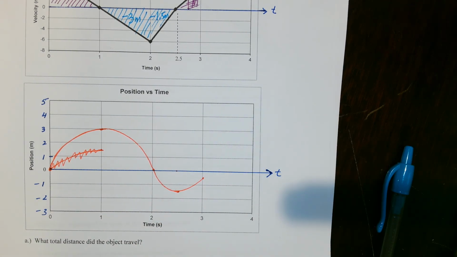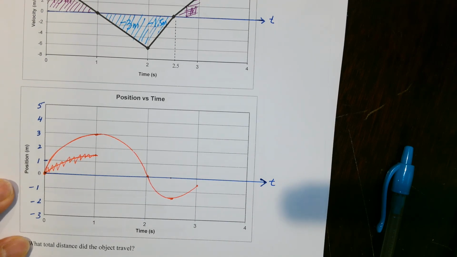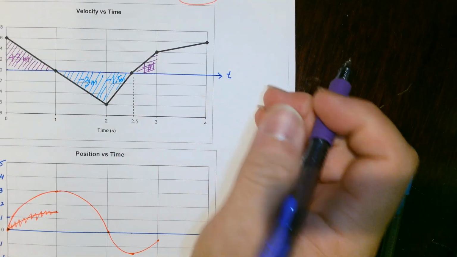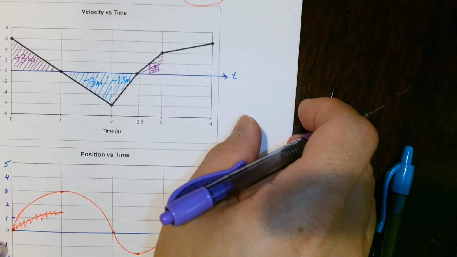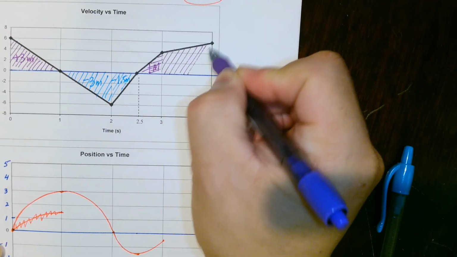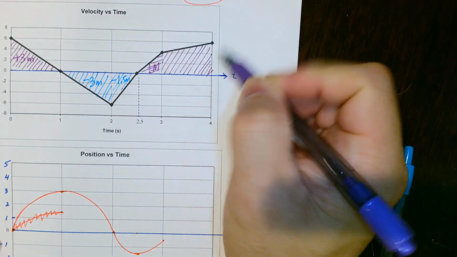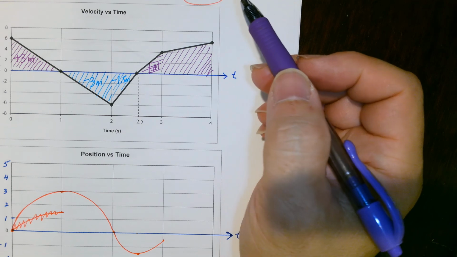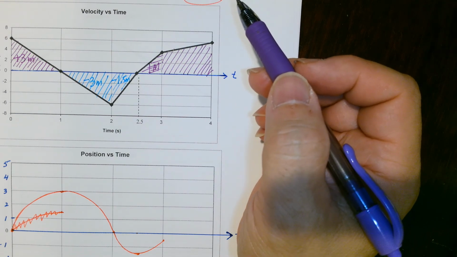And then 3 to 4. Which way is it going? Forward. Good. How is it going? Still speeding up. Is it speeding up as much as 2.5 to 3?